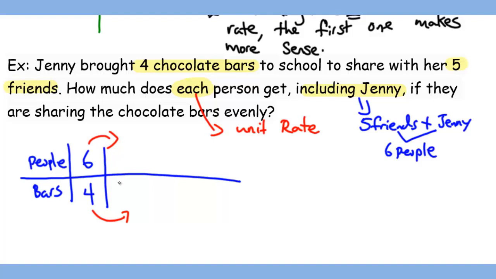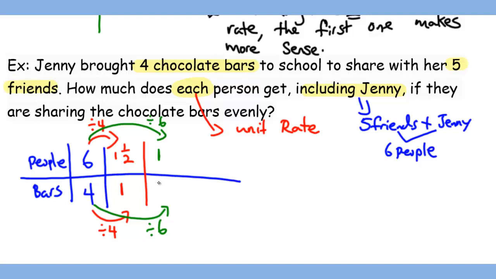So let's say that we want to take the bars to 1. We have to divide by 4, and proportionally we divide the top by 4 as well, and that will bring us 1.5 people. We can also scale the 6 down to 1 by dividing by 6, and 4 down to 1 by dividing by 6 again because of the proportional relationship, and that will give us 2/3.